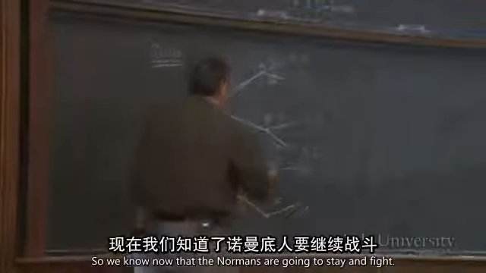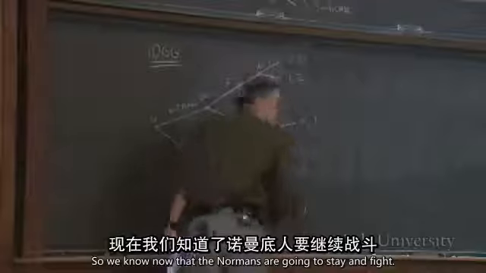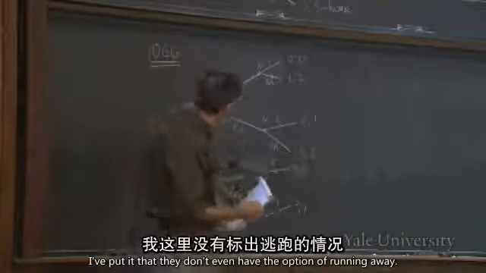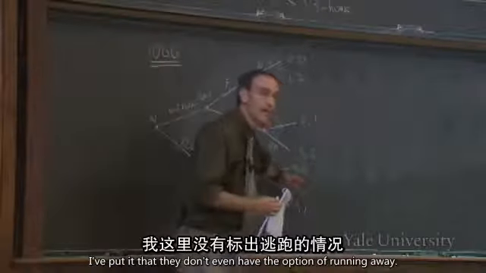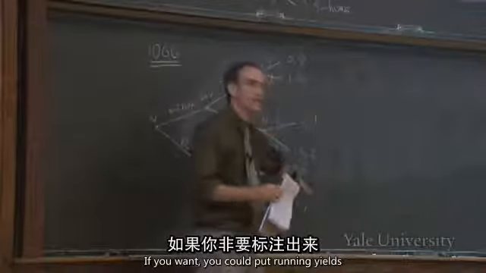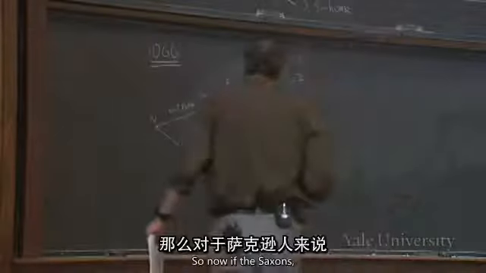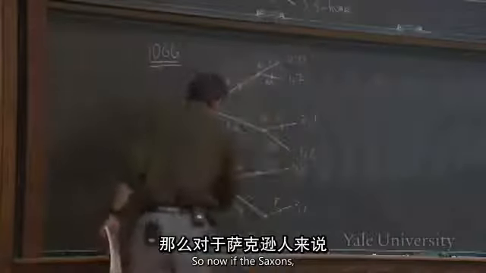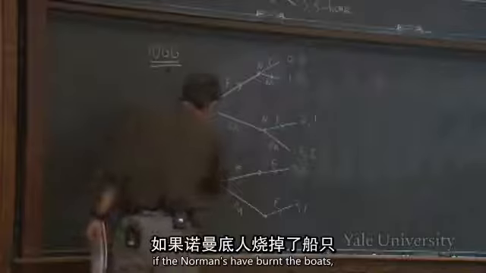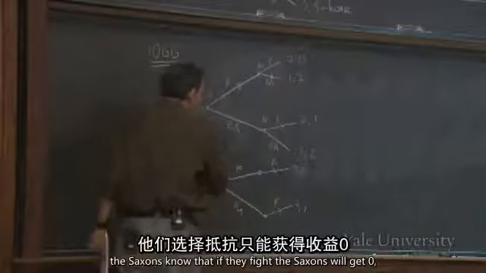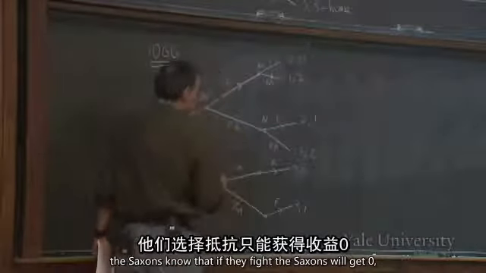All right, so we know now that the Normans are going to stay and fight. That's all that's available to them. I put it that they don't even have the option of running away. If you want, you could put running away yields them minus infinity or whatever it is to get drowned. All right? So now, if the Normans have burnt the boats, the Saxons know that if they fight, the Saxons will get 0.